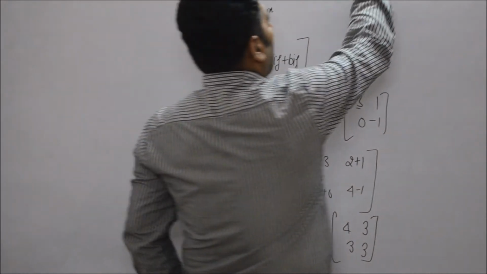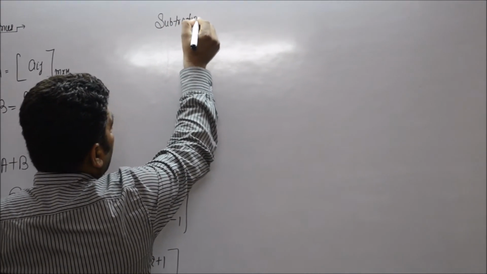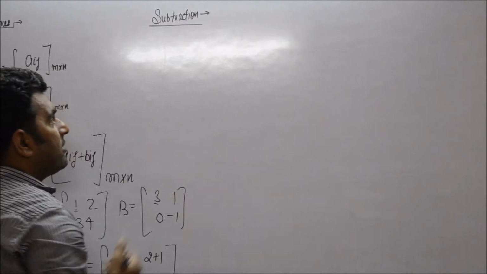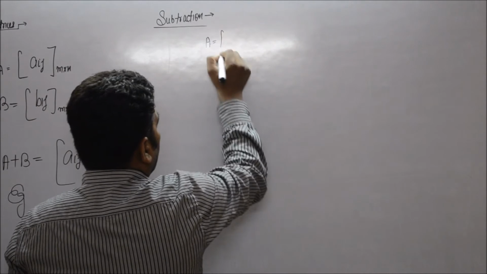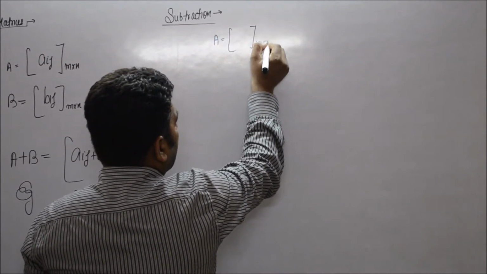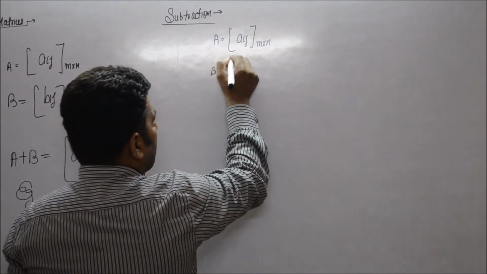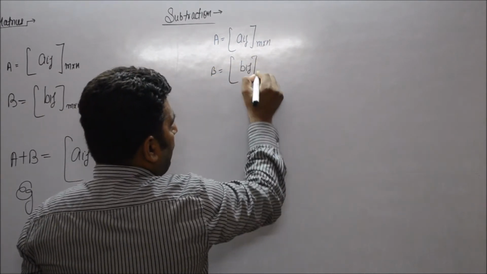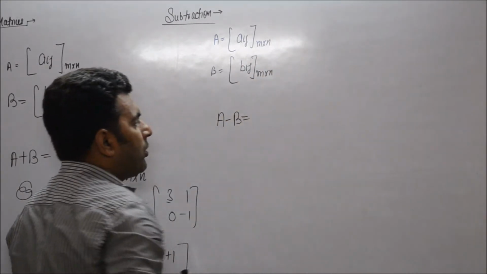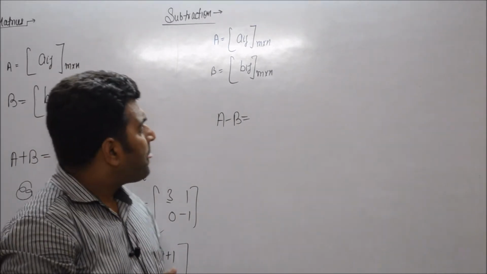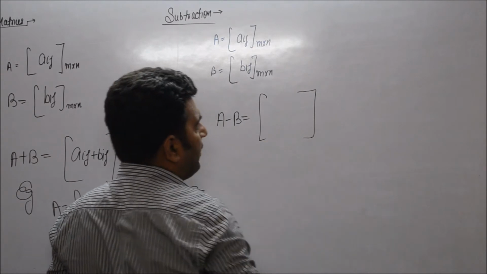Next is called subtraction of two matrices. Once again, if we want to subtract two matrices, then the matrices should be of the same order. If I am taking A, a matrix of order m by n, denoted by Aij, and B, denoted by Bij, and of course of the same order, then the difference of A and B is denoted by A minus B or B minus A. If I want to find A minus B, then it's similar to how we find their sum.